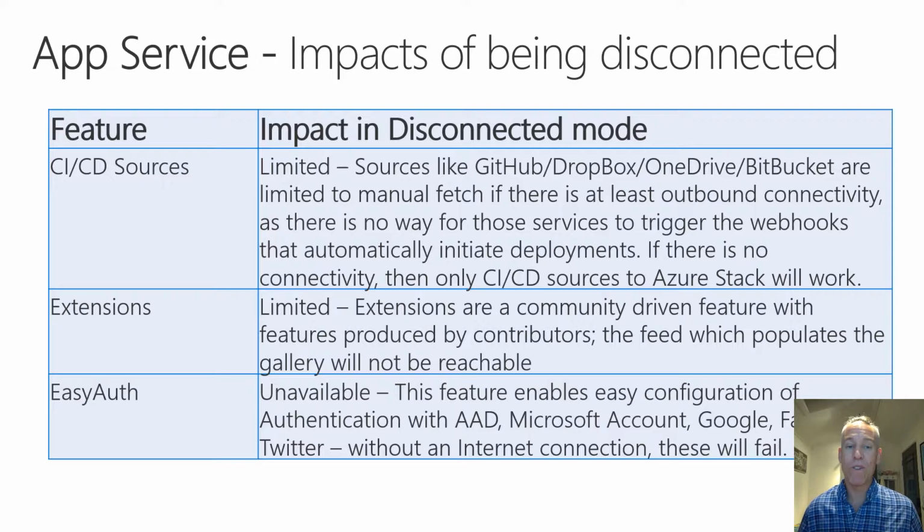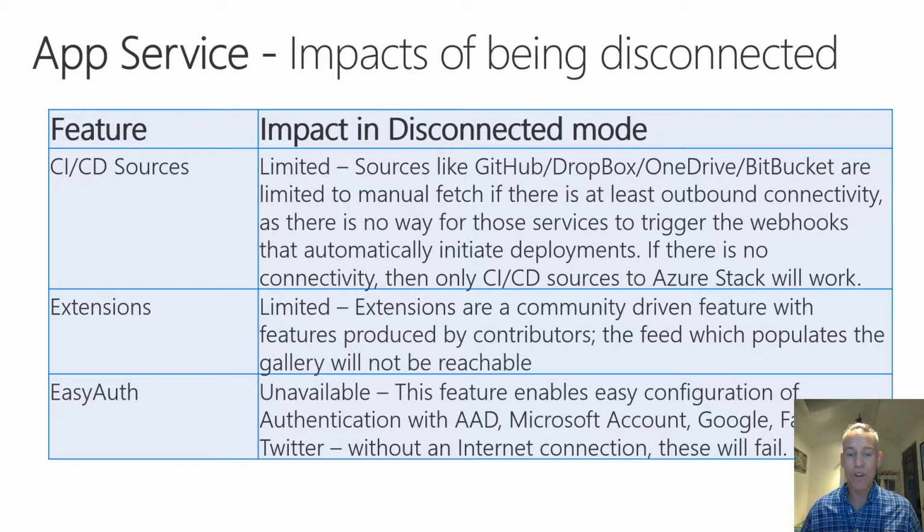So in the app service itself, there's some specific things that don't work. So obviously, if you're trying to go out to GitHub or Dropbox or OneDrive, when you're doing continuous integration and deployment, that's not going to work if you can't see those things on the internet. So only CI/CD sources that are available to Azure Stack would work in those cases. Extensions.